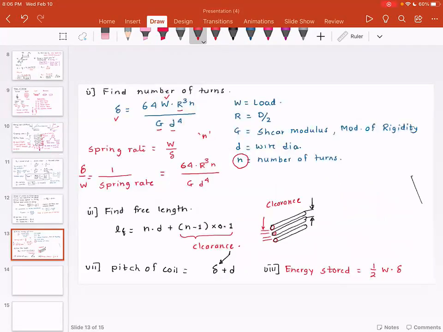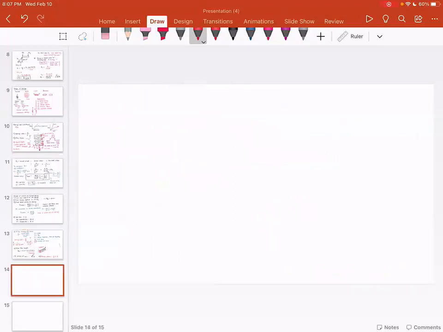Moving on, you can find out the number of turns, and once you know the number of turns, you can find out the free length, the pitch of the coil, and the energy stored. Okay, now let me ask you, do you have any question on the spring design? You can raise your hand or type the question in the chat window. If there are no questions, let me work out a problem.